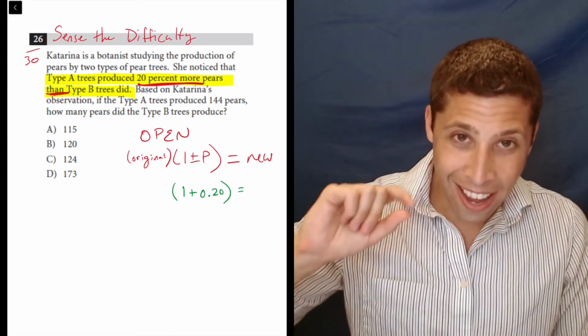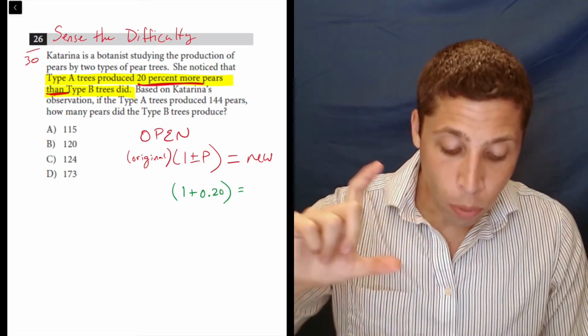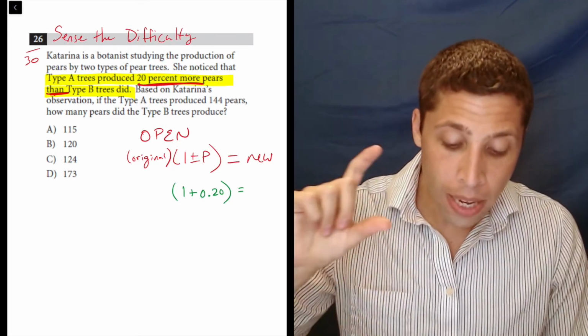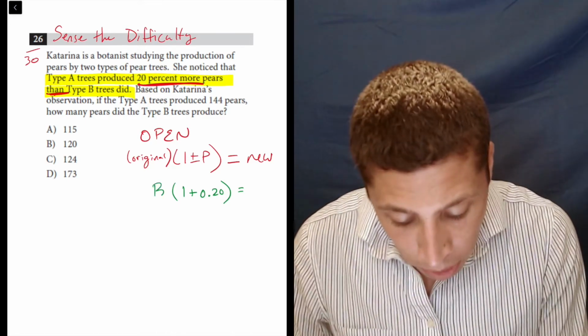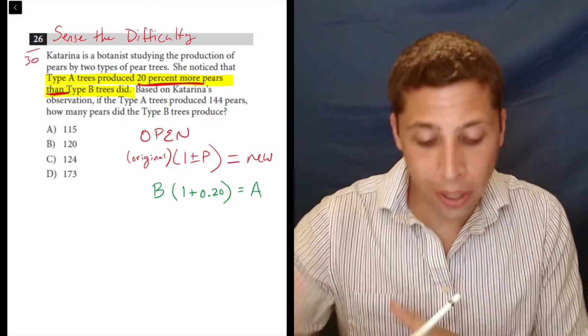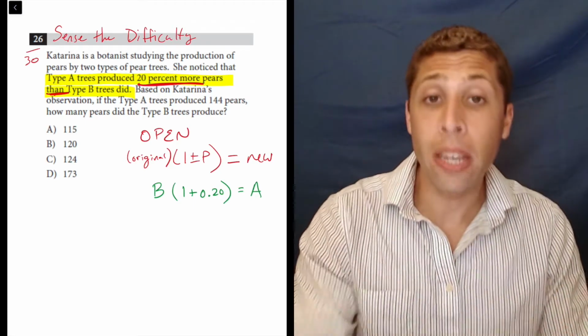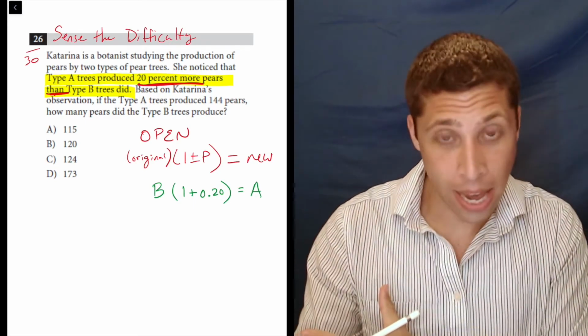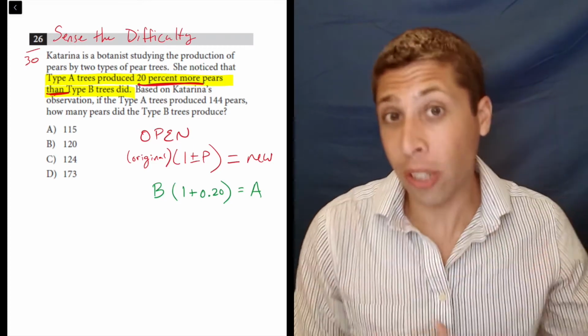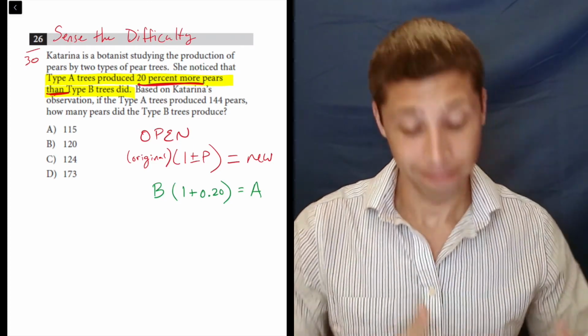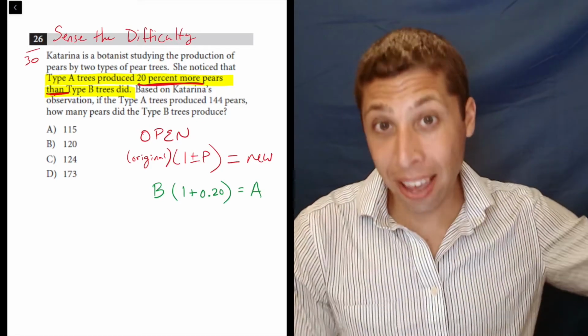So the other piece here, the original number, is going to be the than portion, okay? Because we're basing our value for A on B. We originally have whatever number B has as the number of pears. Then we increase it by 20% and get the A value.